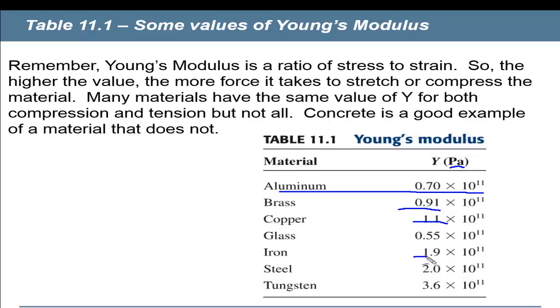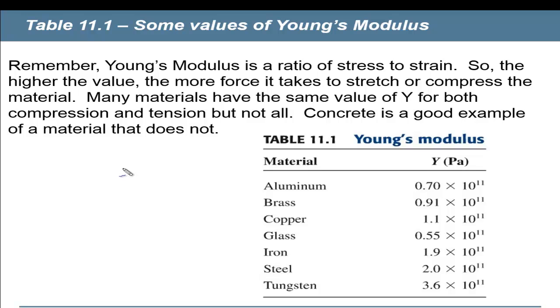We have iron, steel, and tungsten is much higher actually, right? About 5 times as high as aluminum. So remember that Young's modulus is a ratio of the stress to the strain. So basically, the higher the value, the more force we need to apply in order to stretch something a given distance.